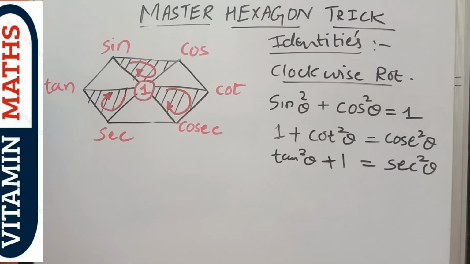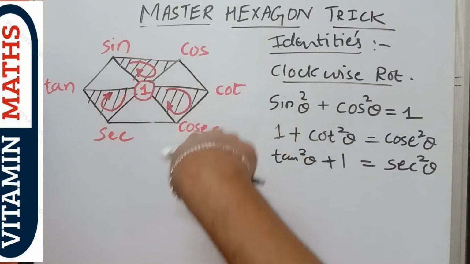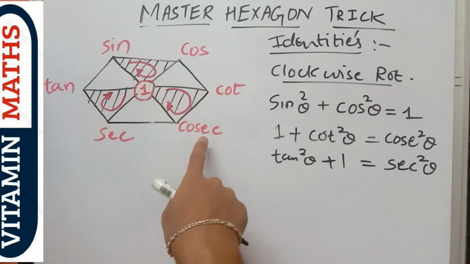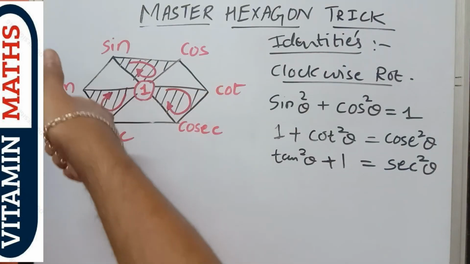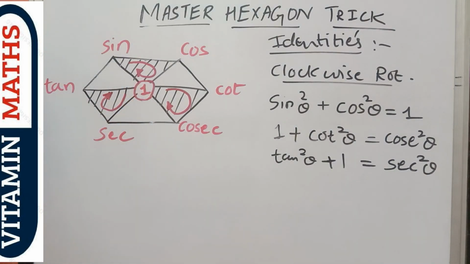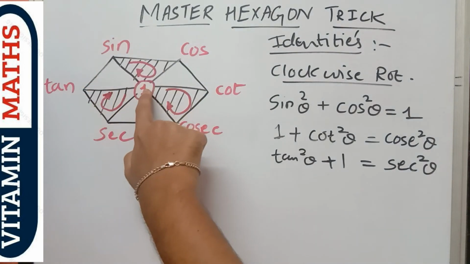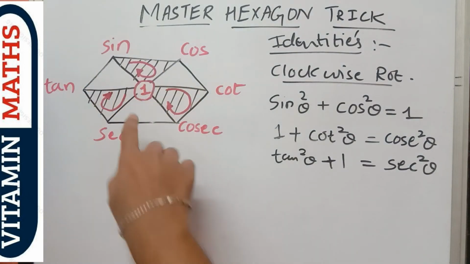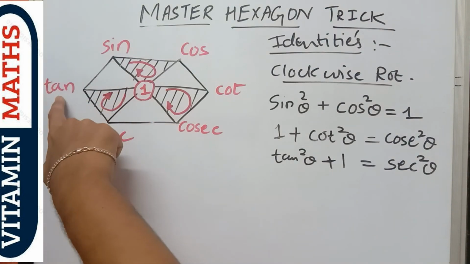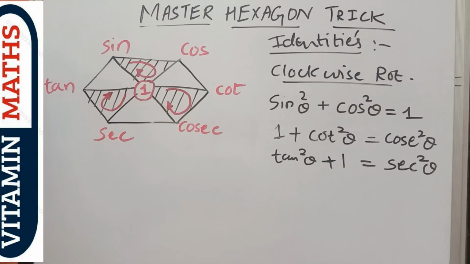So instead of remembering it blindly, you can take the help of this hexagon and remember. Here sin square theta plus cos square theta is equal to 1. So come clockwise, 1 plus cot square theta is equal to cosec square theta. Now take clockwise, tan square theta plus 1 is equal to sec square theta. If you are not understanding clockwise, just keep your hand, take the rotation like this. So you have to start with 1 plus cot square is equal to cosec square. Next tan square plus 1 is equal to sec square theta. Okay, I hope it is clear.